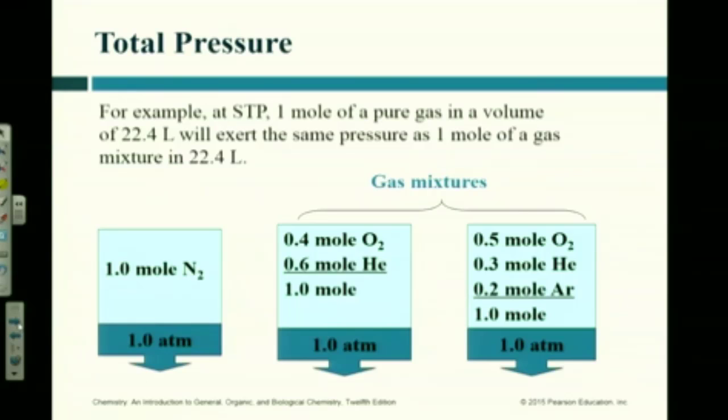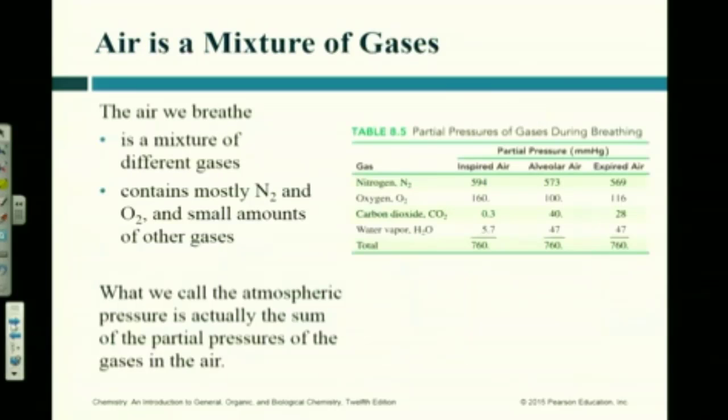But notice that because we're at STP, the pressure's 1 atmosphere, if I add them all up, they all sum to 1 mole. Because at STP, 1 mole equals 1 atmosphere, right? 22.4 liters.